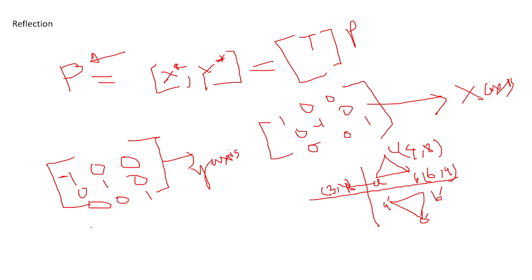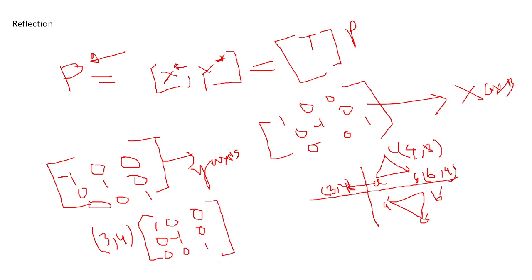Say for example, that is 3 comma 4, 1 0 0, 0 minus 1 0, 0 0 1, right?